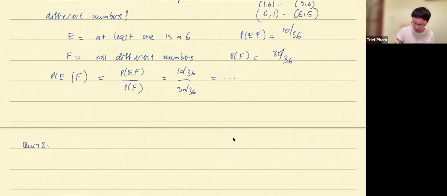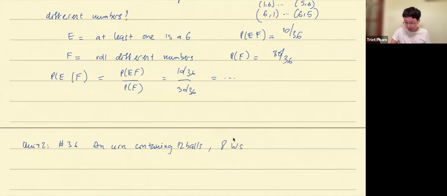Let's say an urn containing 12 balls, 8 of which are white. The other ones, they don't say, let's say are black or blue, whatever. 4 whites, 4 blacks.